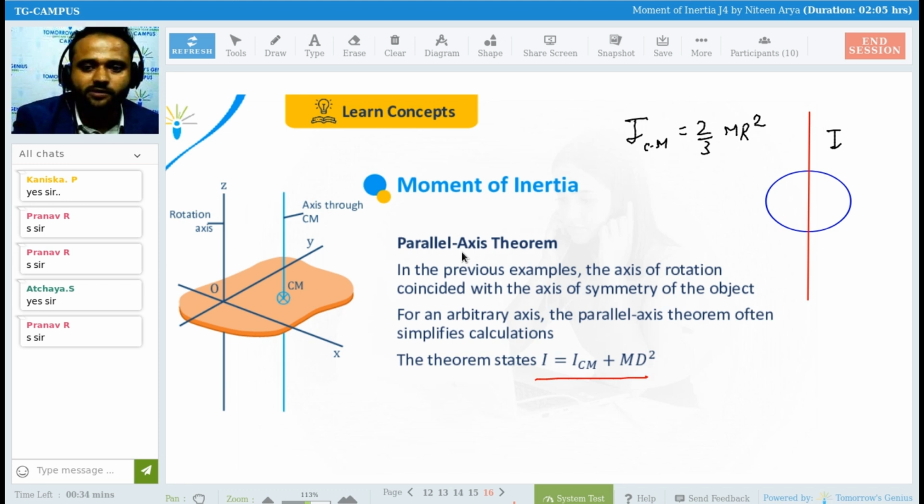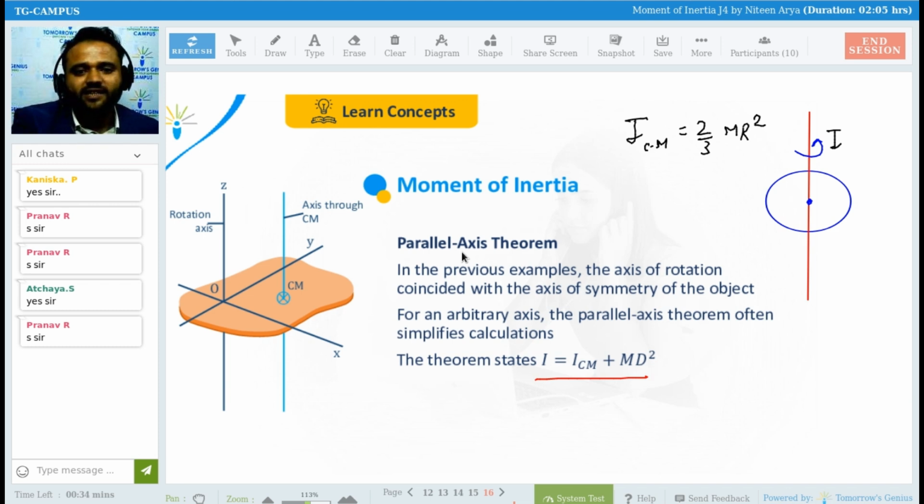If this whole hollow sphere is rotating in this way through the center of mass axis, this is the moment of inertia, that is 2 by 3 mr square.